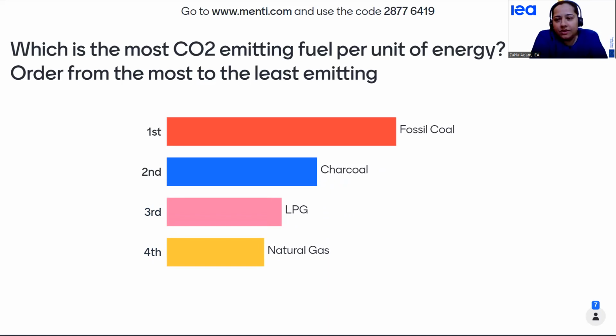Very good. Usually coal is the most emitting, and natural gas is the least emitting. For charcoal, it depends how you categorize it. For example, at the IEA, charcoal is a renewable. It's under bioenergy and waste, so it's not really under fossil fuel combustion. So we need to be careful with the methodology, but excellent.